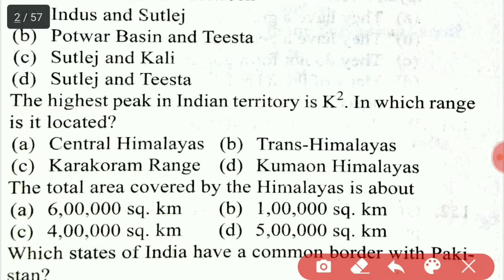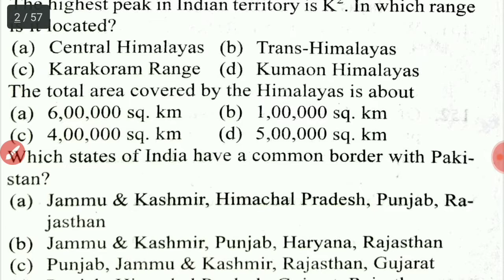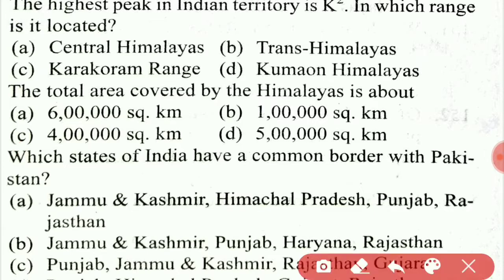The highest peak in Indian territory is K2, in which range is it located? The answer is the Karakoram range. The total area covered by the Himalayas is about 5 lakh square kilometer.